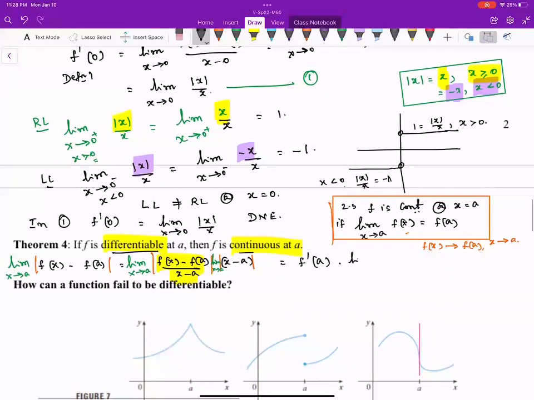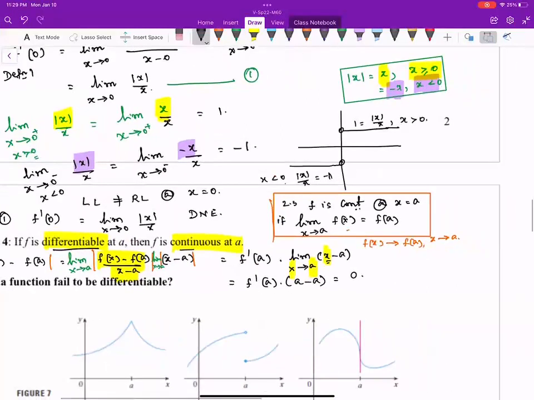And the second part is the limit as x approaches a of x minus a. x minus a is a polynomial, so you notice that it is f prime a times, now you plug in x equal to a. So what happens here? It becomes a minus a, which is 0. 0 times f prime a is 0. So what have we proved here?